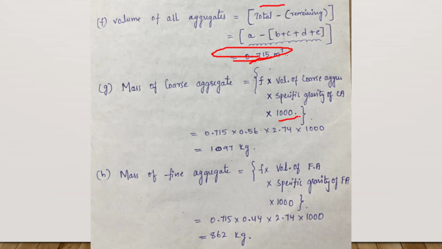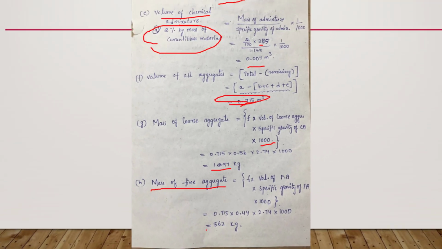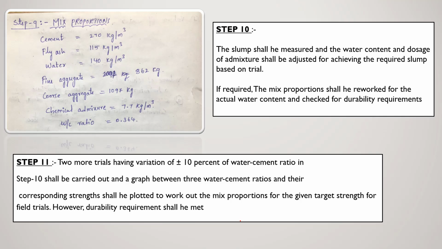It is for 1000 meter cube, so that's why into 1000. So we'll get 1097 kg. In a similar way we have to find the mass of fine aggregate, that is F into volume of fine aggregate into specific gravity of fine aggregate into 1000. We'll get 862 kgs.